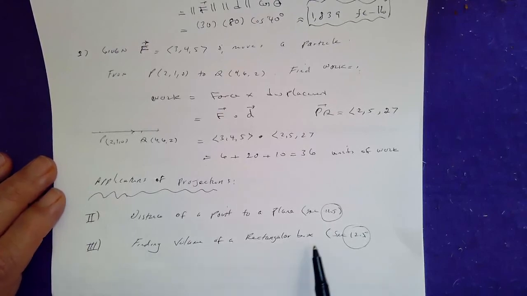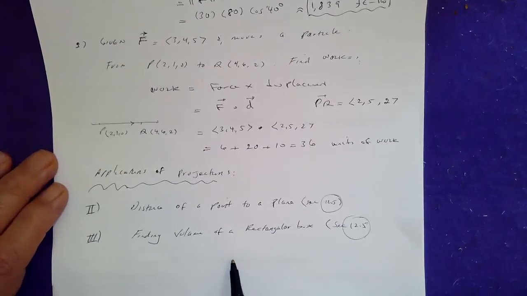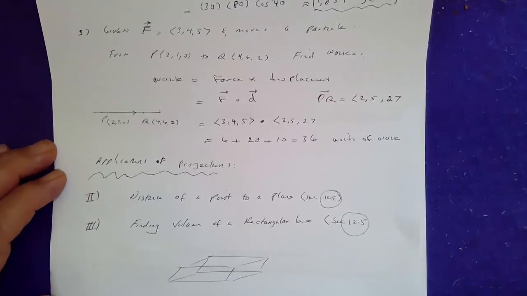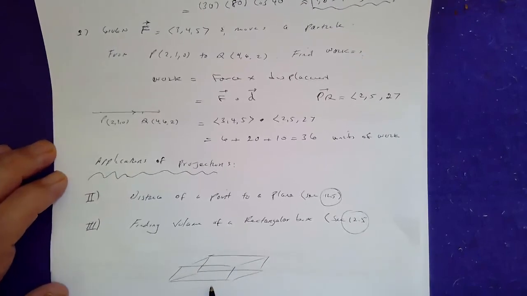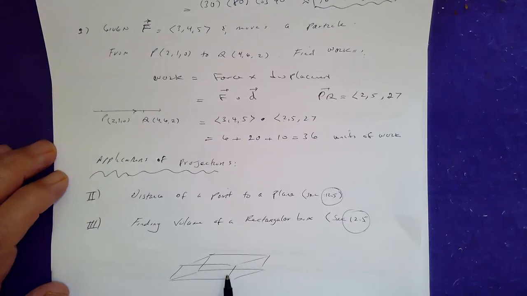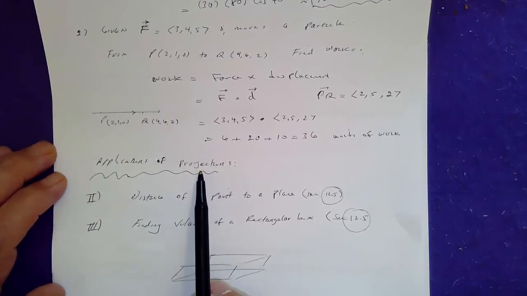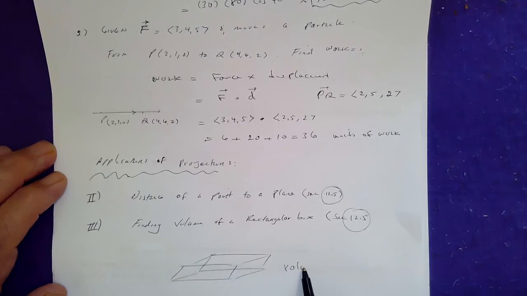Remember, when I say finding the rectangular box, I mean a box which has been smashed like this. So we cannot use length times width times height straight up from the diagram, because someone has stepped on the box, so the height is no longer perpendicular. So we need to use the idea of projection to find the volume here. And that's coming up in 12.5.